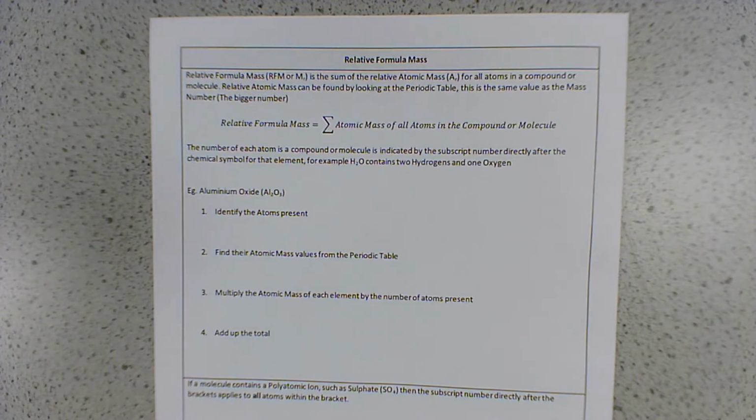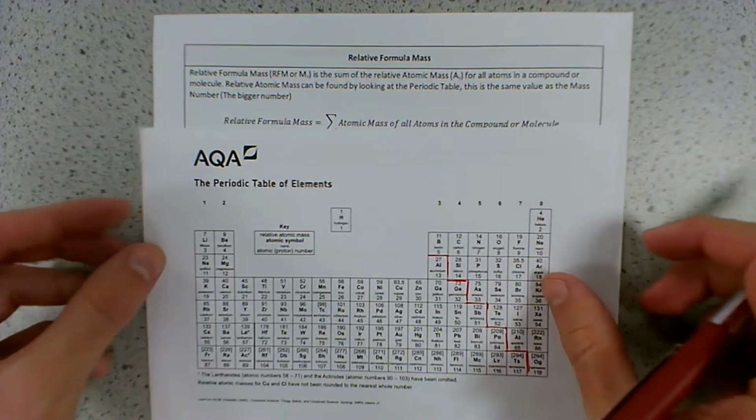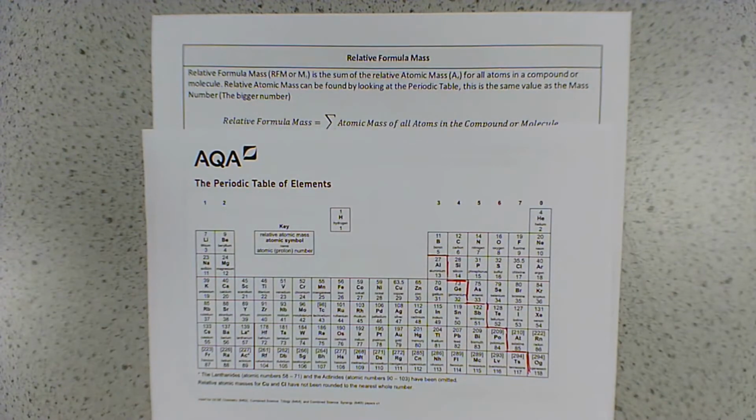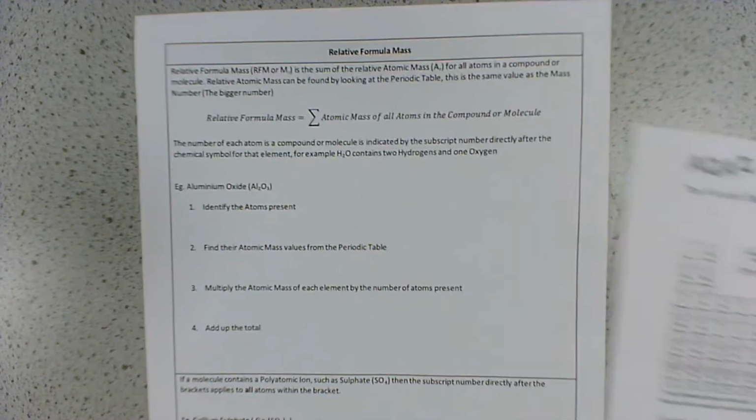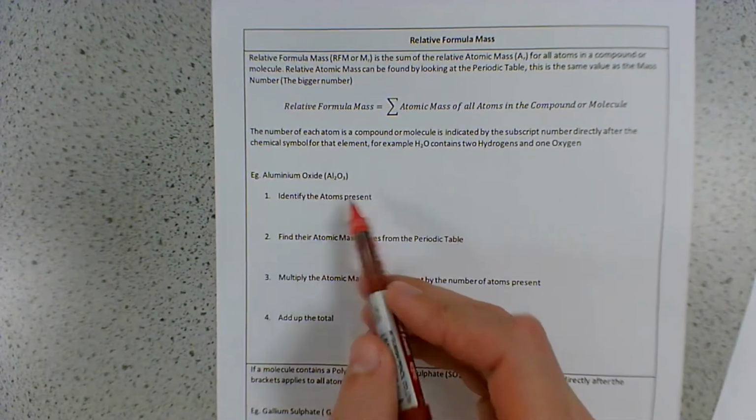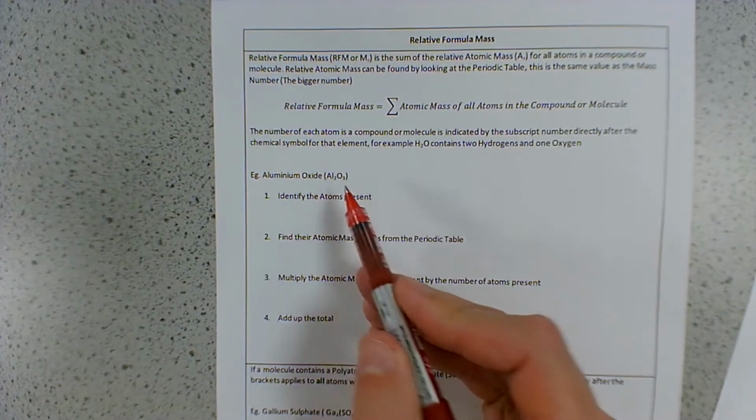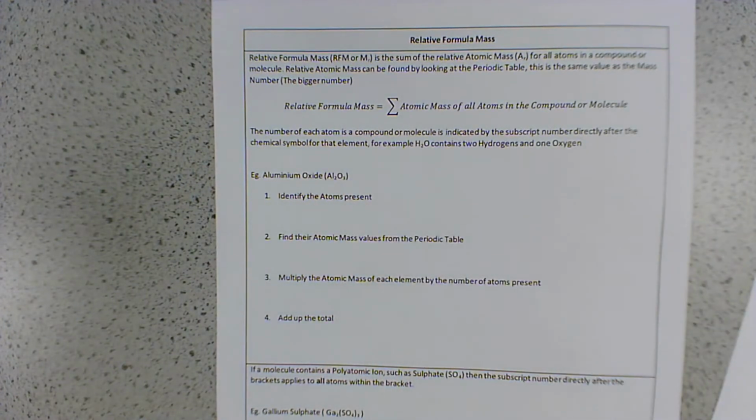Number 1, we have chemical symbols. Every element has a unique chemical symbol shown in the periodic table. Every element begins with a capital letter. So you can work out very quickly how many different elements you have by counting the capital letters. So here in aluminium oxide, we've got a capital A and a capital O. So we've only got 2 elements.